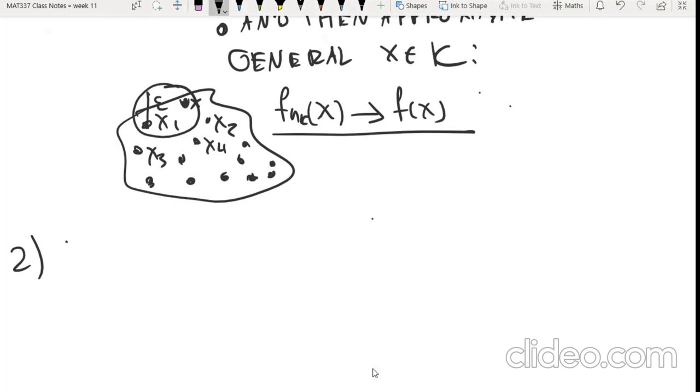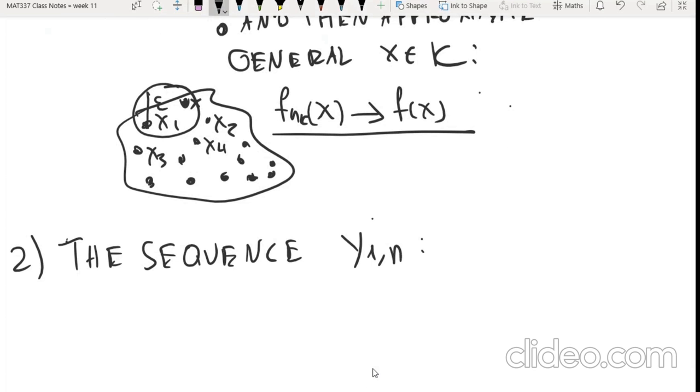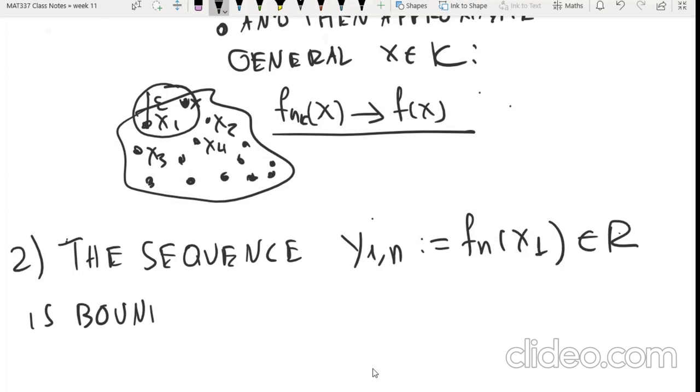Okay, so we're doing step 1 for x1. The sequence y_n defined as f_n(x1) is bounded. So first of all, this is in the reals, and it's bounded because the family is bounded.